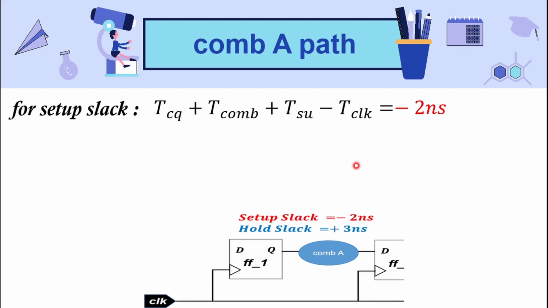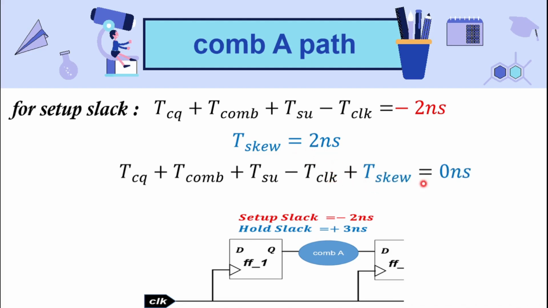We're gonna find out that the skew needed to solve this variation equals 2 nanoseconds. By applying this skew to the equation, the new setup slack will be equal to 0 nanoseconds. So this value helps me get rid of the setup variation.